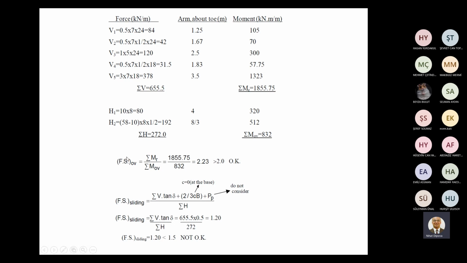After calculating this, safety factor for overturning is 2.23. This is okay.